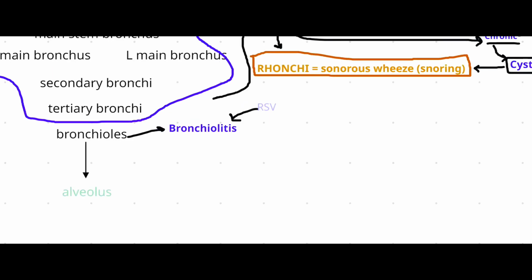And I say classically because since COVID, everybody's gotten RSV. Even adults have gotten RSV, right? And RSV, because it's a virus, has also caused bronchitis and pneumonia. But if we're sticking to classic textbook information, bronchiolitis is usually caused by RSV.